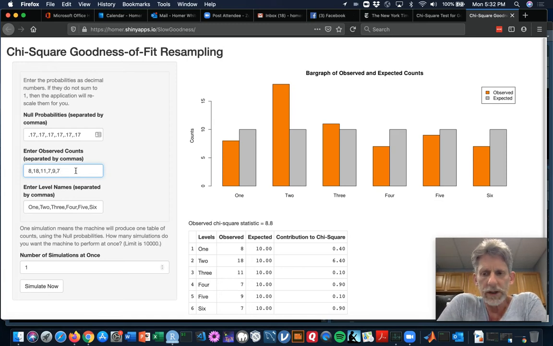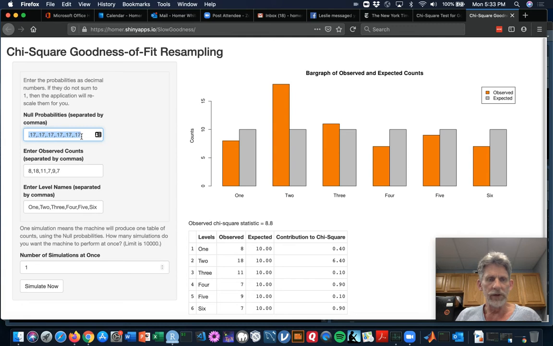This app can deal with many situations in the chi-square goodness of fit test that we're learning about in this section. But it's set up by default to deal with the gambler's die so that you don't have to enter any numbers here. But if you were using it for other situations, you would enter the observed counts in your tally table here where I've selected, separated by commas.